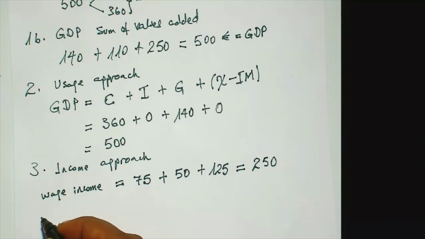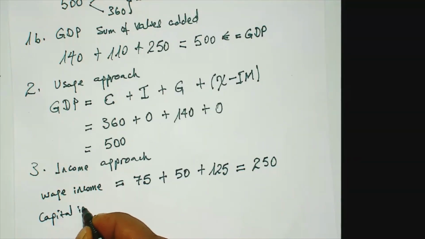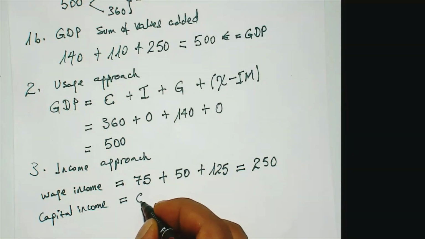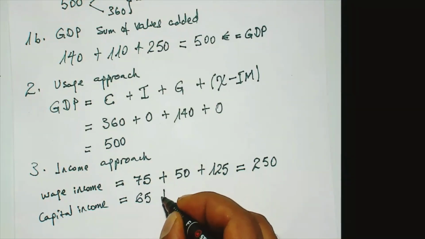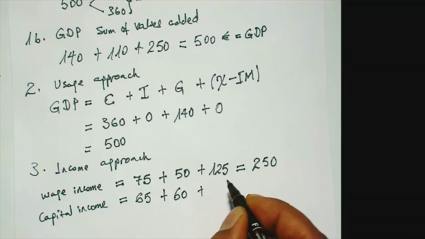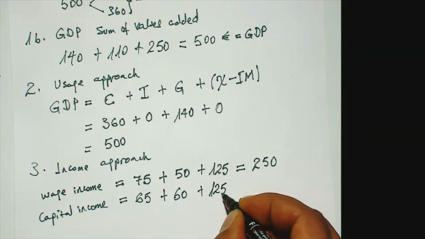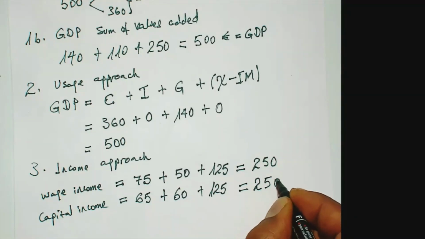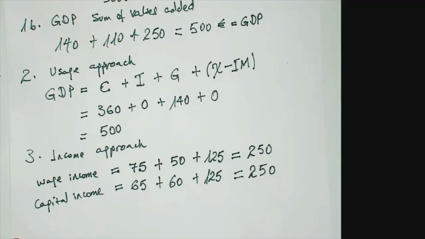The second income that we have seen is capital income, and the aggregate capital income is 65 euros in the iron ore industry, 60 euros in the steel industry, and 125 in the cars industry, which gives us a value of 250 euros.